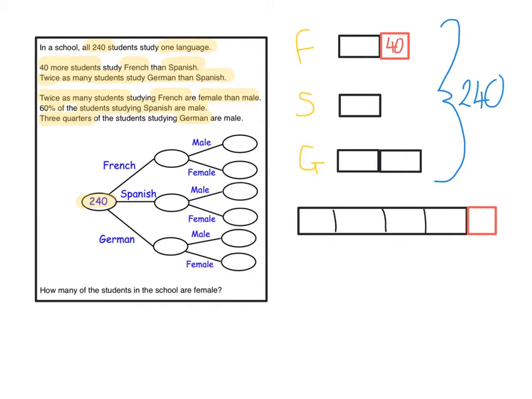That all equals 240, and that bit there is 40. So 240 take away 40, this bit here is going to be 200. So then I can find out what goes into each box. 200 divided by 4 is 50.